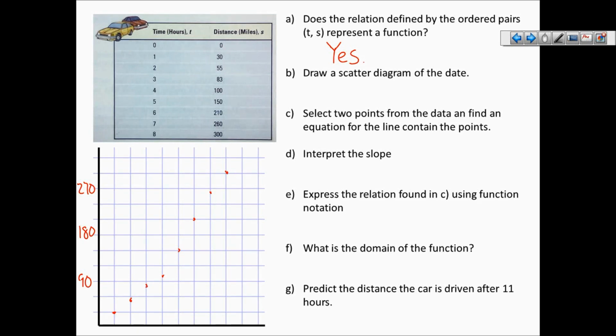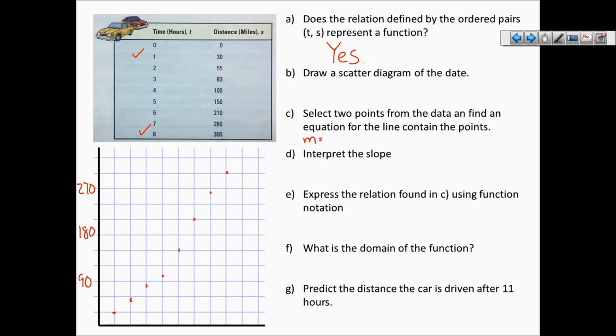We're going to select 2 points from the data and find an equation for the line containing the points. Now it really doesn't matter which 2 points we choose. I like to choose a point from towards the beginning and towards the end. So there's what I'll use. So normal slope calculation, our slope is equal to our change in y.